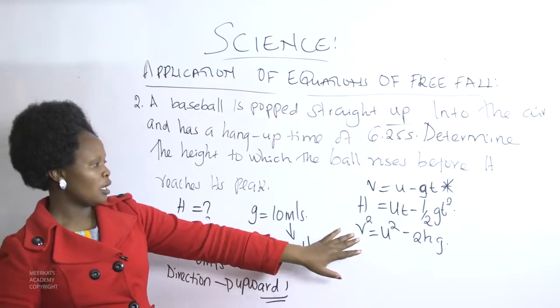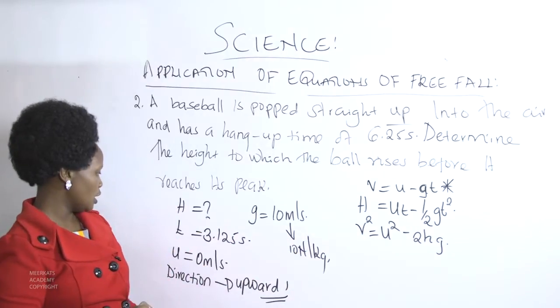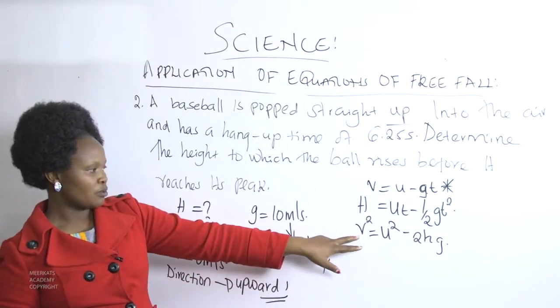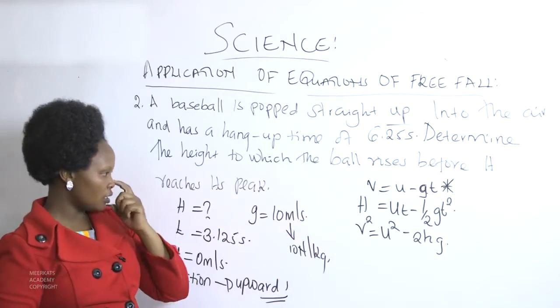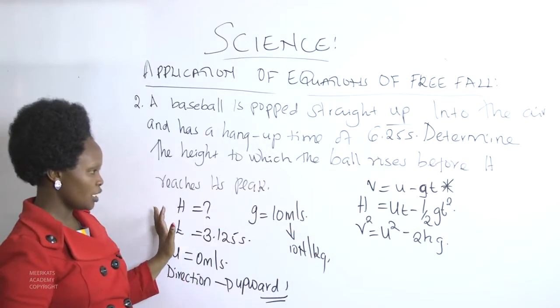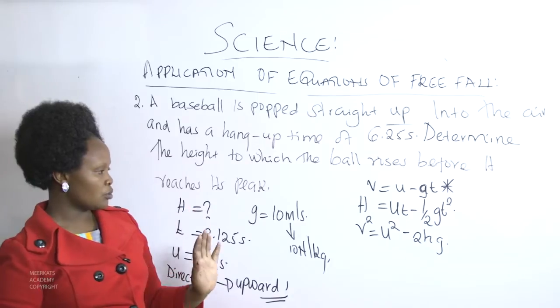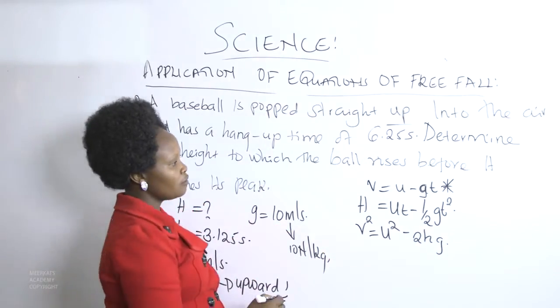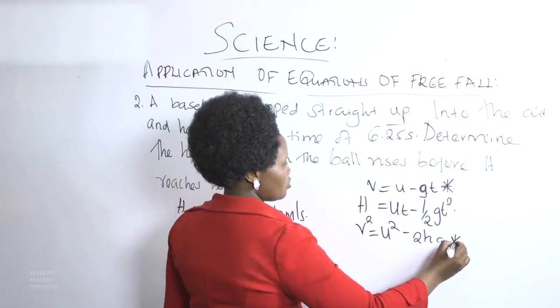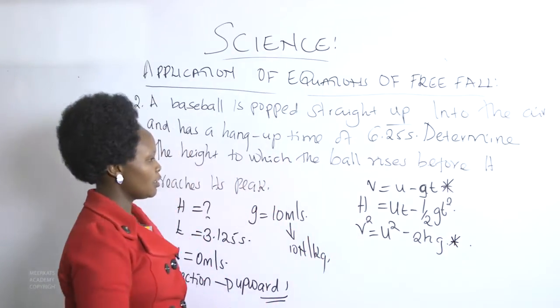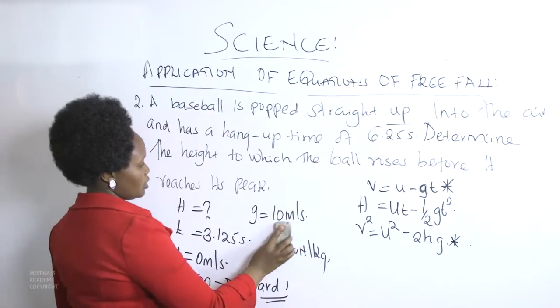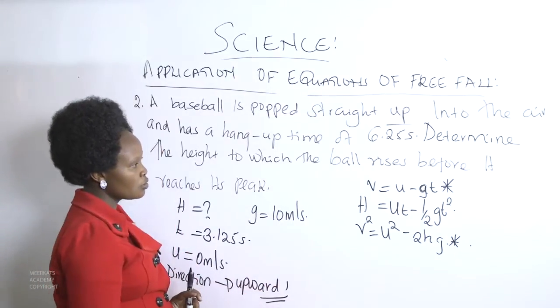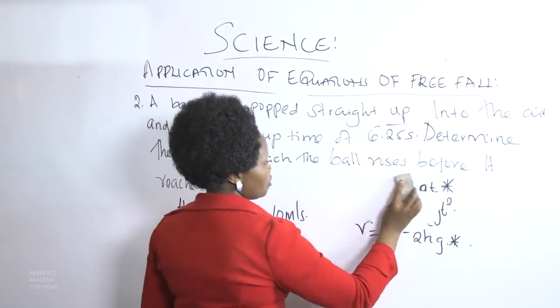Now, how about equation 3? Equation 3 relates final velocity, which we don't have, to h, which we are looking for. And therefore, that gives us two unknowns, and we cannot work with that equation. So we are left with equation 2.